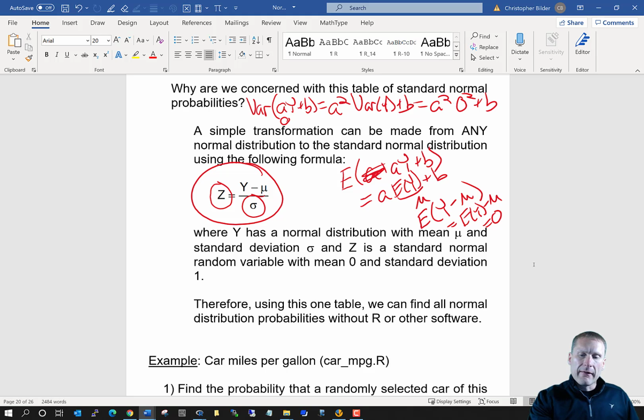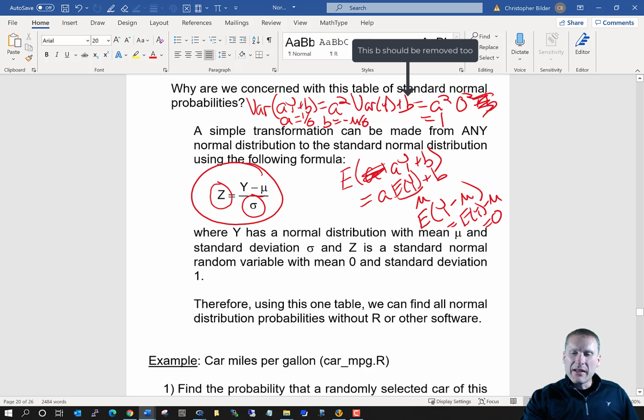So a here is going to be 1 over sigma. B here is going to be minus mu over sigma. And look what happens. I get 1. As I was doing this, I just noticed I had a little small error here. This b actually, if you remember, disappears. And so that's why I get a value of 1 there.